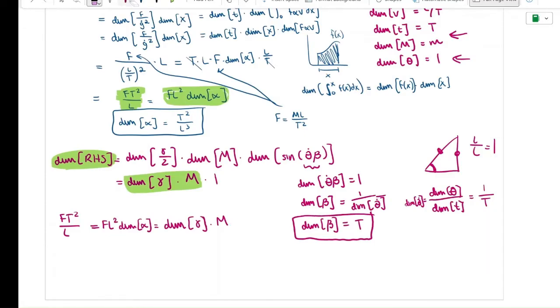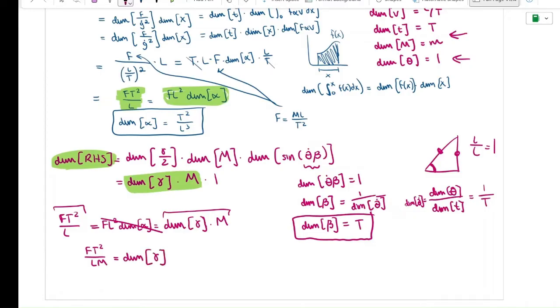Okay, well, we already found dimension of alpha, and honestly this is not that useful because we already know what the right-hand side and left-hand side should equal. So we have f times t squared over L is the dimension of the left-hand side, and that is equal to m times dimension of gamma, which is the dimension of the right-hand side. So this means that f t squared over L m equals dimension of gamma.